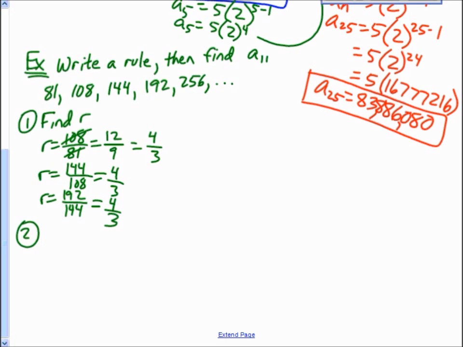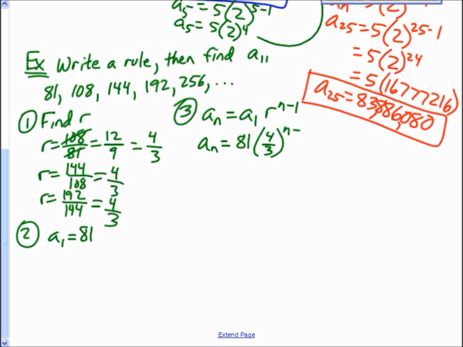After we know that R is 4/3, I know my first term. That's nice. They give it to me. It's 81. So number 3, now we just write the formula, A subscript n is first term 81 times R to the n minus 1, R is 4/3 to the n minus 1. Okay, there's our formula for this.